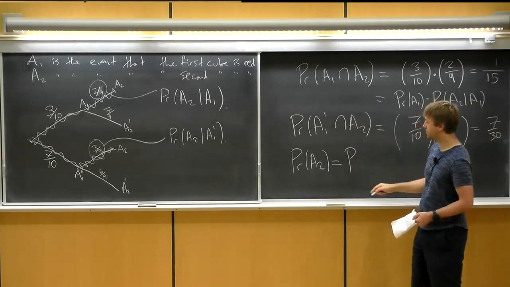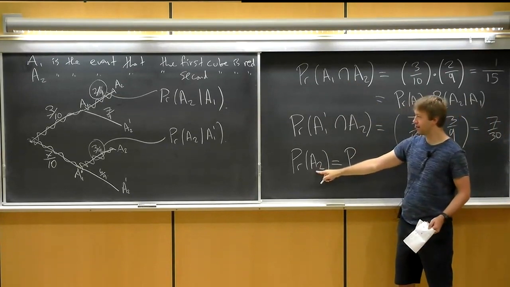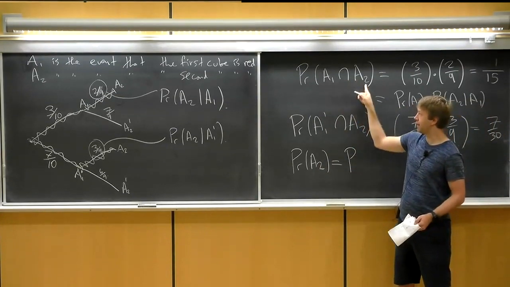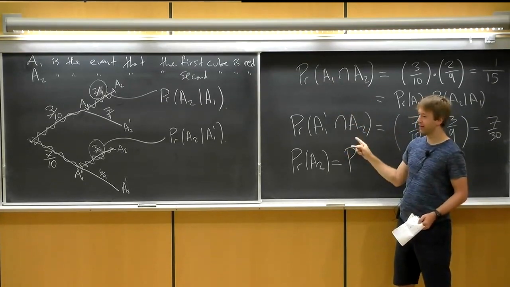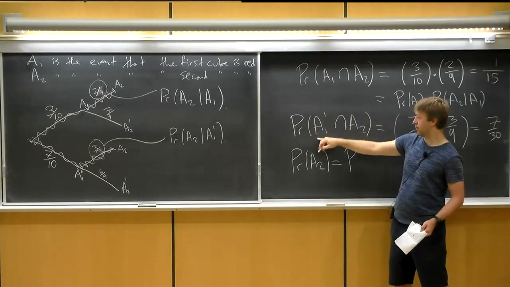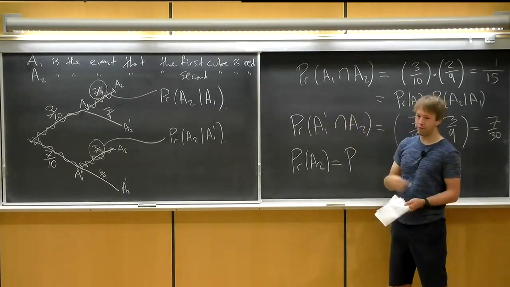So the probability the second one's red is the same as the probability that they're both red, plus the probability the first one was white and the second one was red, right? Because these are all the possibilities for the first one.